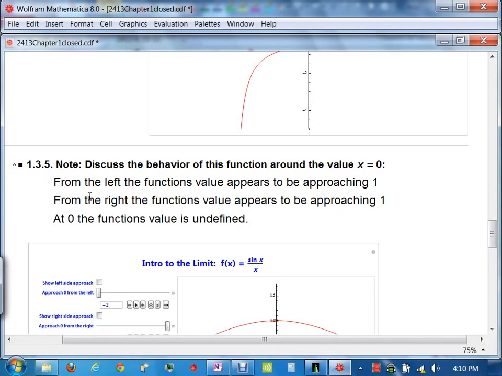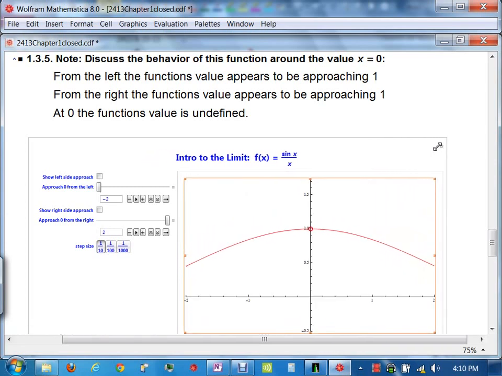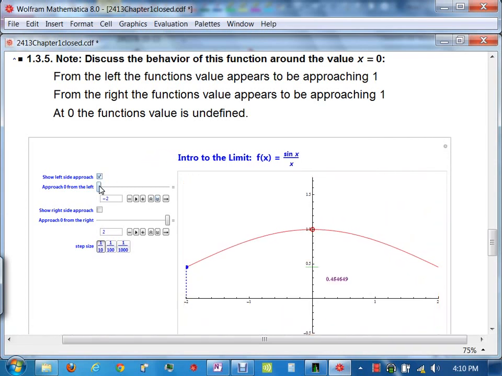Okay, discuss the behavior of this function around 0. This is a very interesting function, sine x over x. We're going to look at that more. What happens as I come in from the left? Where does it look like it's headed? Looks like it's headed towards 1, right? Where is it going as I come in from the right?